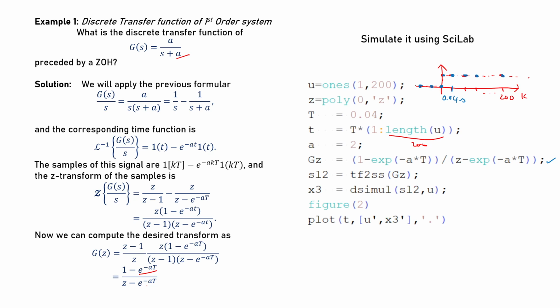And then you transform the G of Z, the polynomial, into state space. This one is state space. Transfer function to state space. Once you have the state space model, then you can compute it using discrete simulation, discrete simulation of the state space with the control input U here.